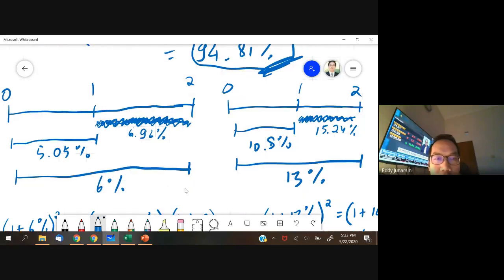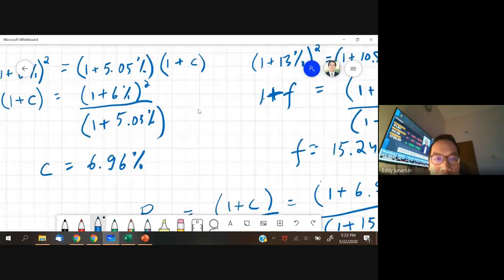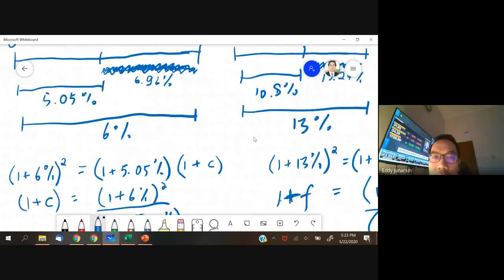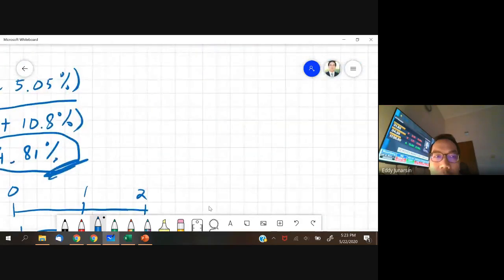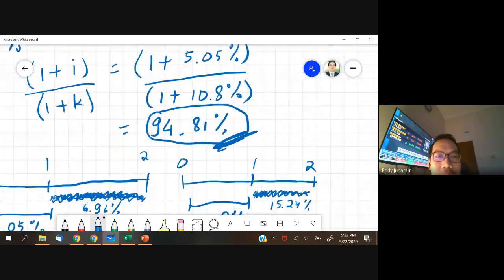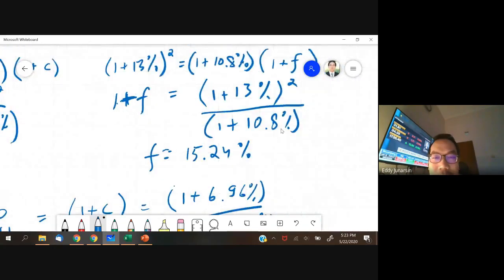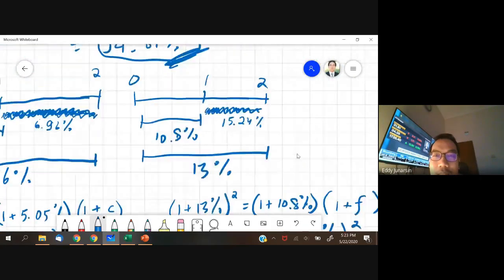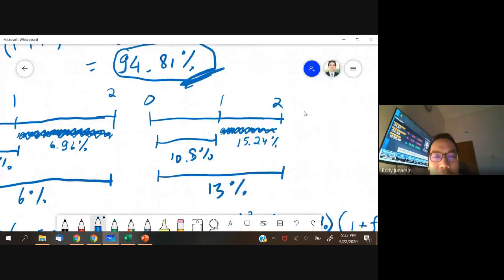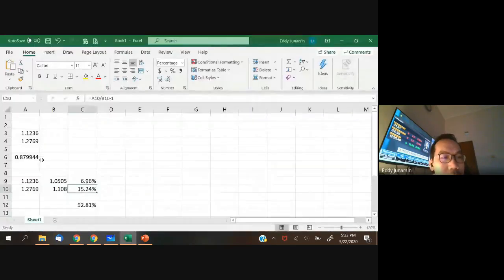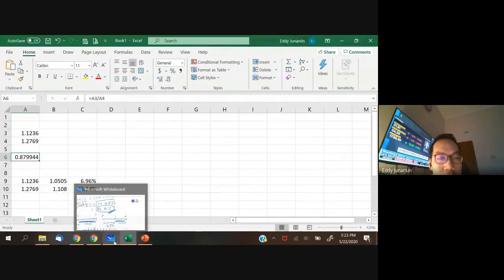And then the probability of repayment for 2 years is, do you remember how much was it? This for 2 years? I think we erased it. Yeah, some 80 something, 87 or something. Yeah, this one. 87.99.